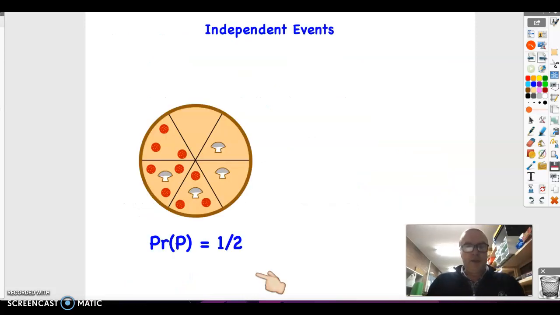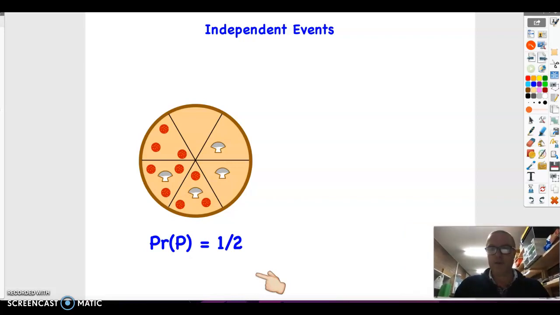Let's have a look at independent events, which is a different concept. I'm showing you a pizza where the probability of getting pepperoni is clearly 1/2. If we ask ourselves, what's the probability of getting pepperoni given that our randomly selected piece has mushroom, what would that be?